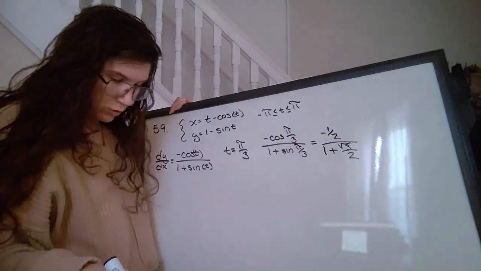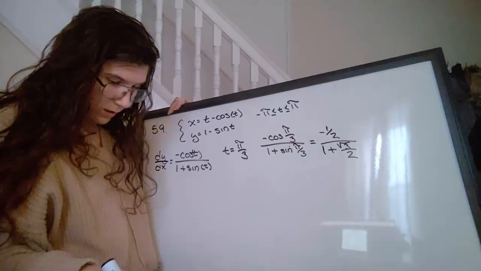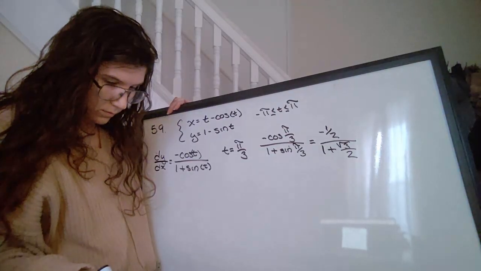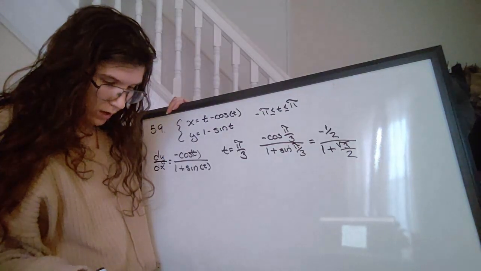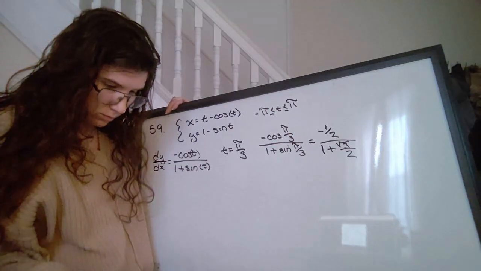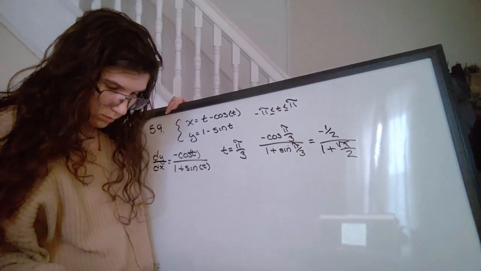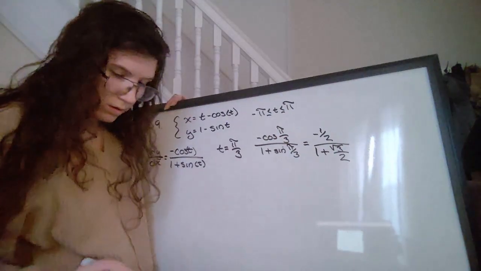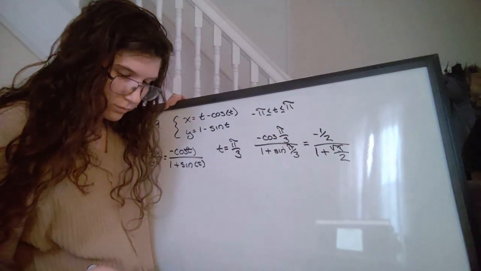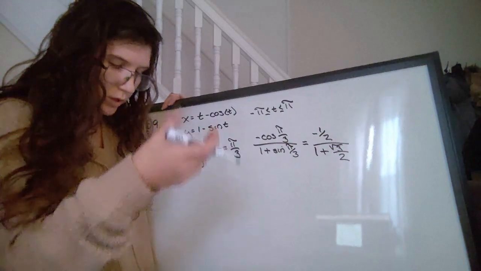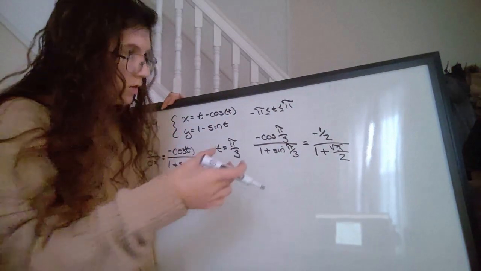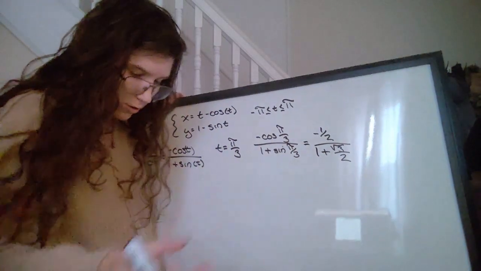And then if we do a little bit of algebra with this guy, yeah, she just wanted us to add these two together to get rid of the complex fractions.